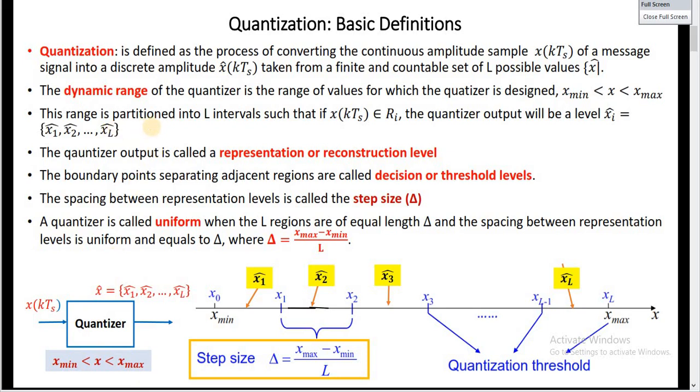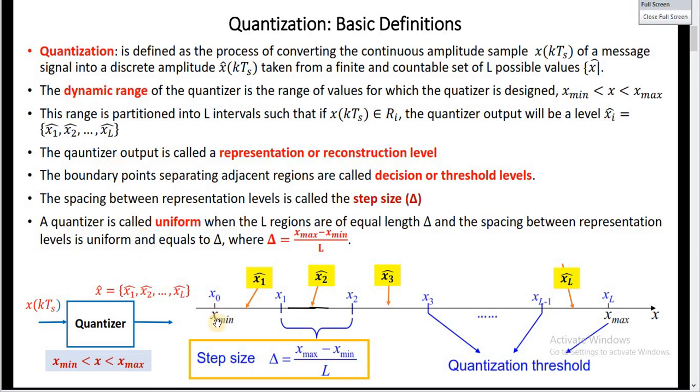This range of values is partitioned into L non-overlapping intervals such that if x of kTs, that is the sample, belongs to some region Ri, the quantizer output will be a level xi cap, which belongs to this set x1 cap, x2 cap, up to xL cap.